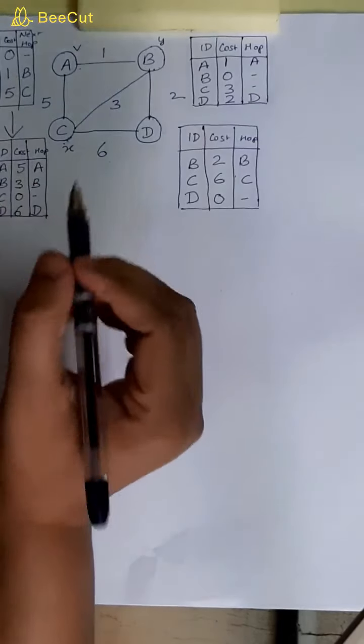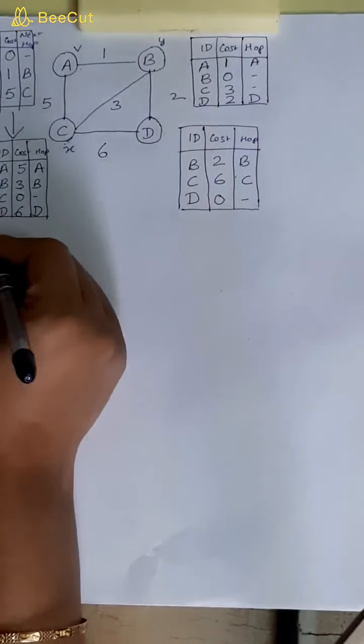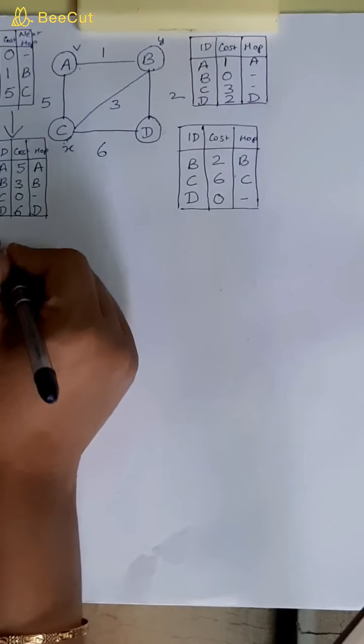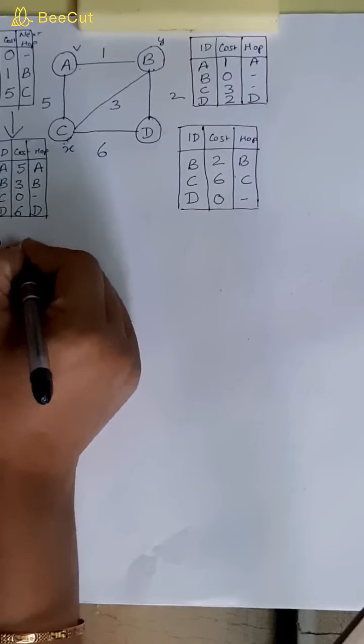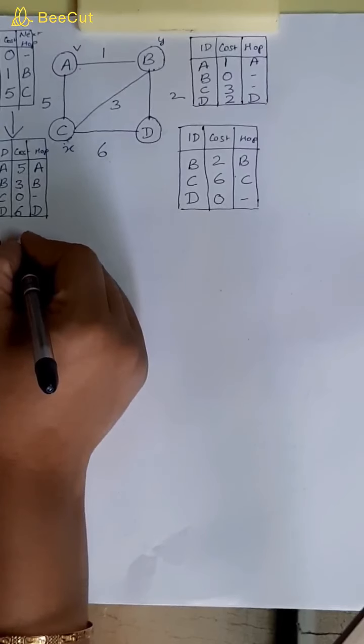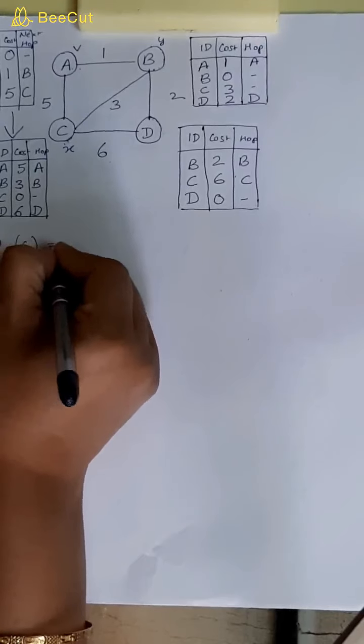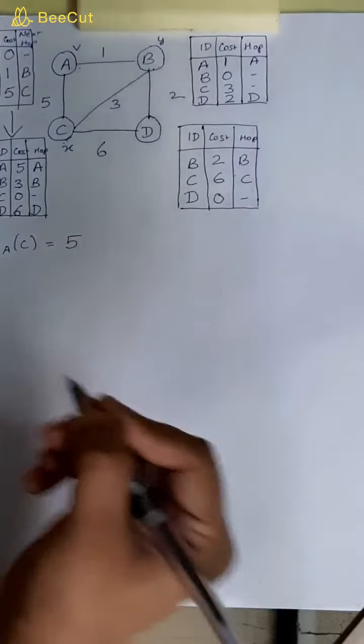Now if you see over here, to reach the distance of A from C is 5, which is given.